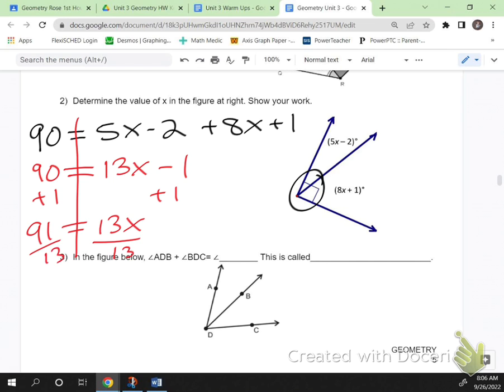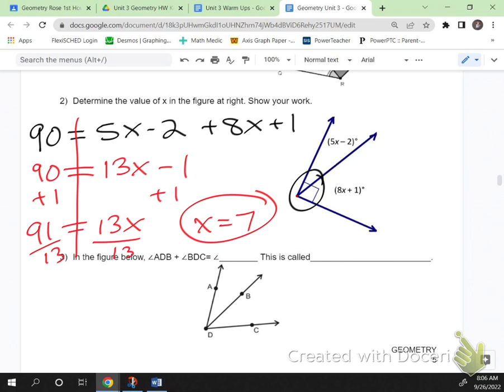I'm guessing we all grabbed calculators for the last part. 91 divided by 13, x equals 7. That's what problems are going to look like. We're going to give you algebraic statements. You have to understand the whole angle, add them together, make an equation. Questions about 2?